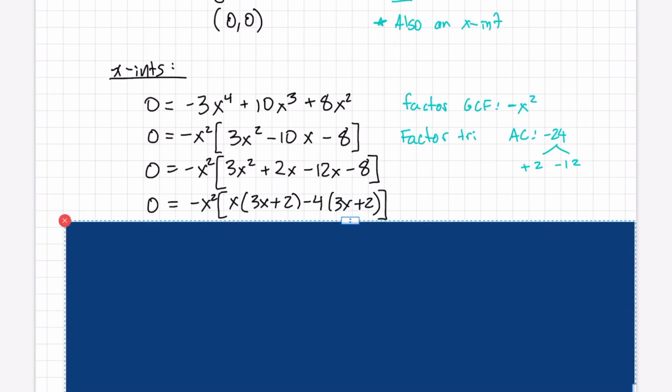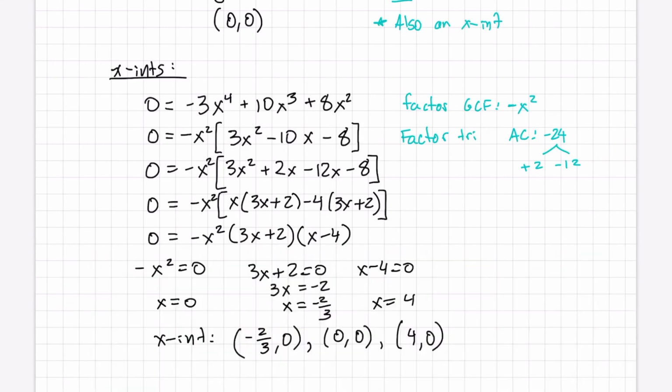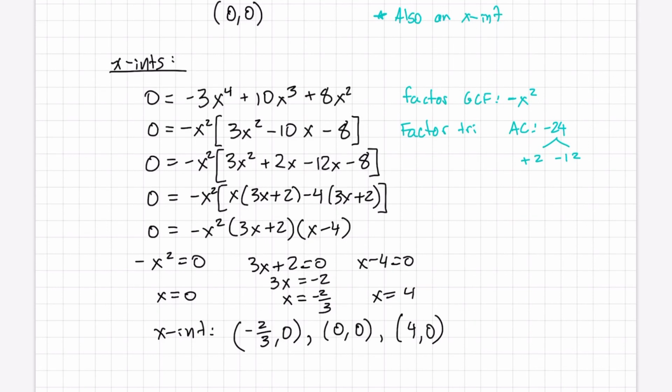And I get x times 3x plus 2, and then negative 4 times 3x plus 2. And notice the 3x plus 2's match. They better, because this is factorable. And so I can factor that out. And it can't factor any further, so I can set my values equal to 0. And I end up with my 3 x-intercepts: (negative 2/3, 0), (0, 0), and (4, 0). Again, I like to write them in order from least to greatest.